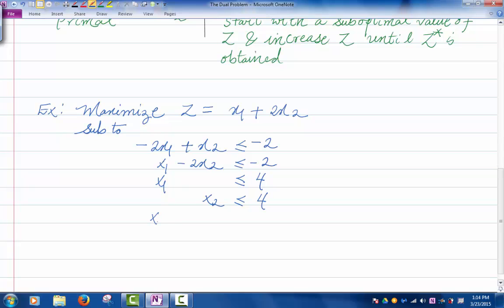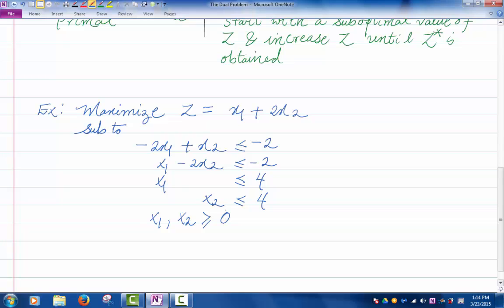And of course, the non-negativity constraints are there. My question to you: can you find an upper bound for the optimal solution z star of this problem?